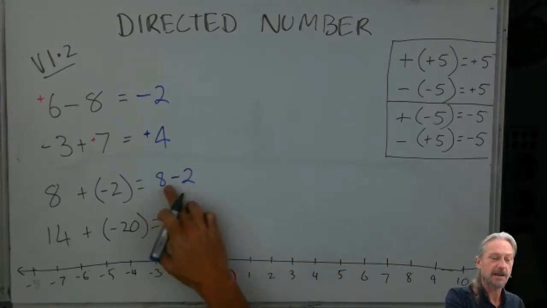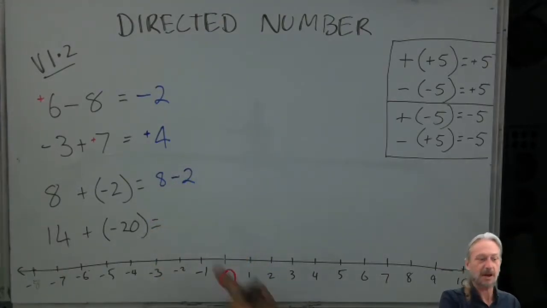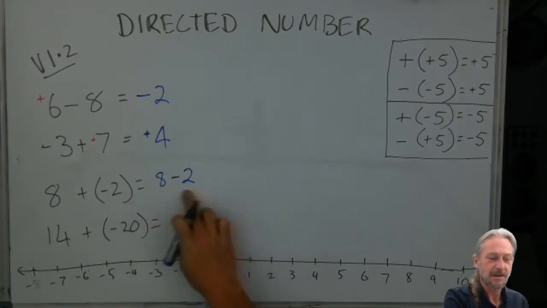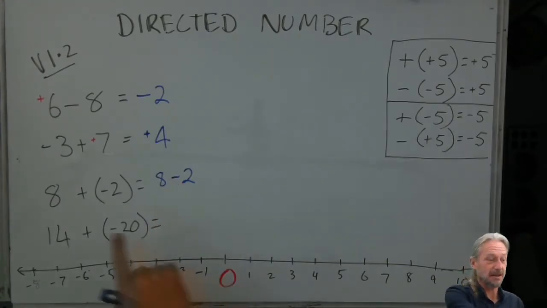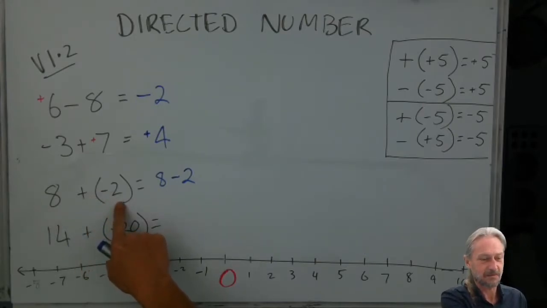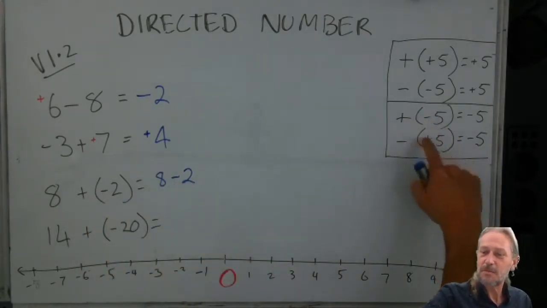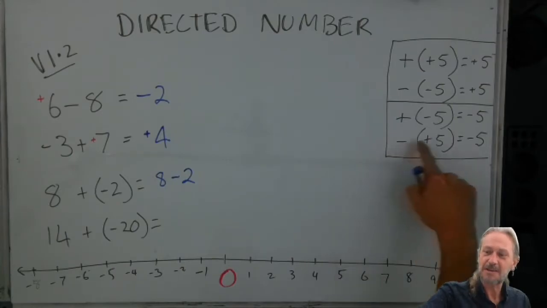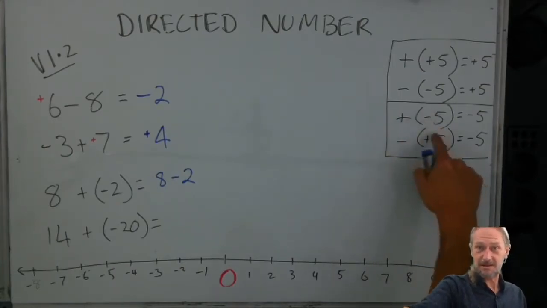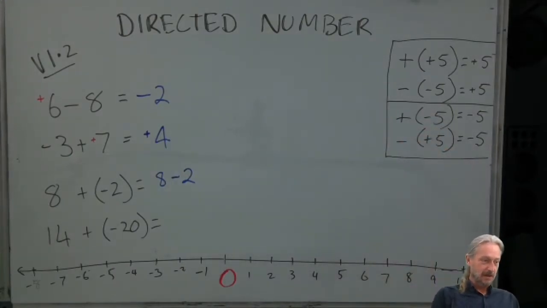So thinking of the 8 and 2 as positive now, but our operation is subtract instead of adding a negative. We're essentially swapping to subtracting a positive, because, like I said, these are the same.